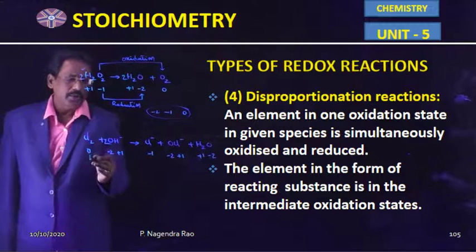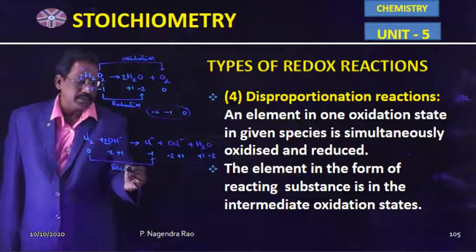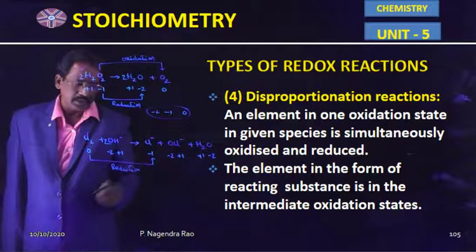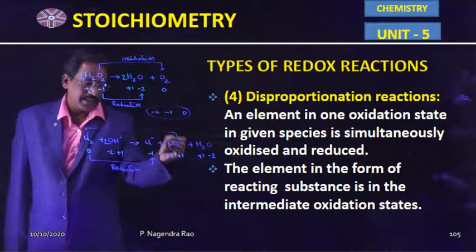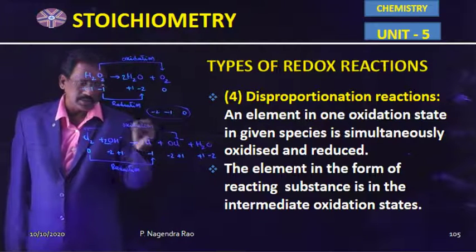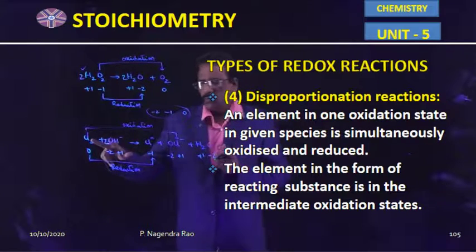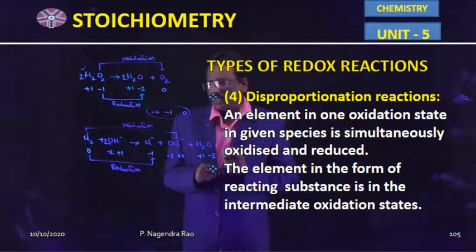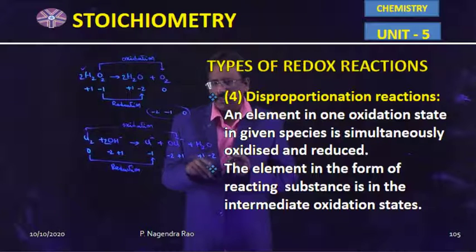So 0 to minus 1, decrease in oxidation number. So this is a reduction process. Now 0 to plus 1, increase in oxidation number. So this is an oxidation process. So in the second example also, there are two reacting substances, but only one of the reacting substances is involved in both an oxidation and a reduction reaction simultaneously.